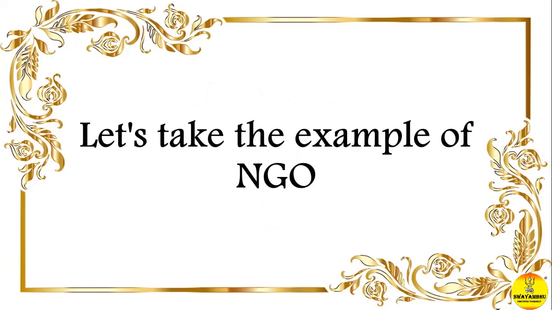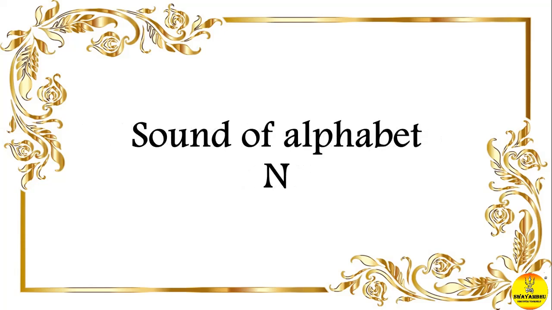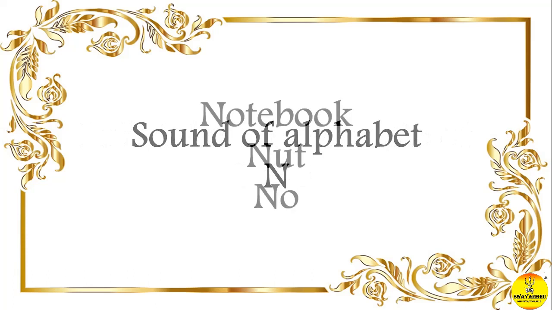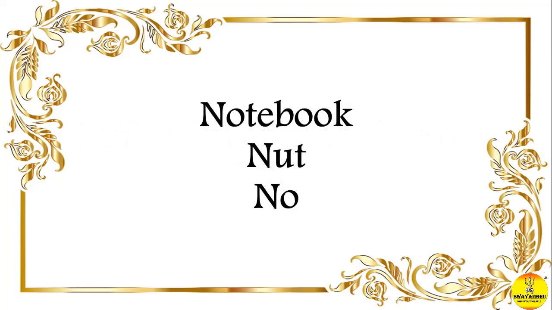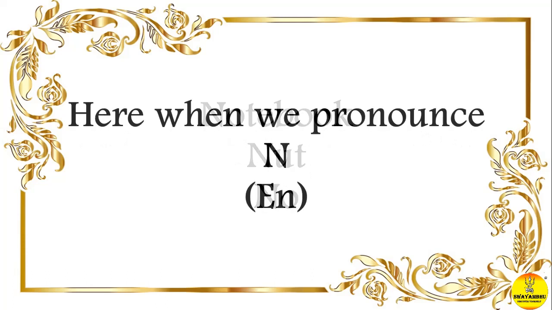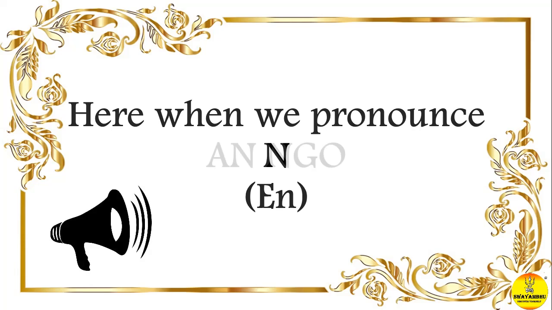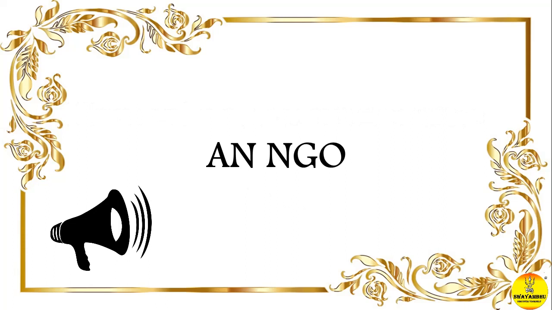Now, for example, take up NGO. The sound of the alphabet N is N. It's notebook, nut, no, N. Here, when we pronounce the letter N, the sound starts with E, N. So we put it as an NGO.